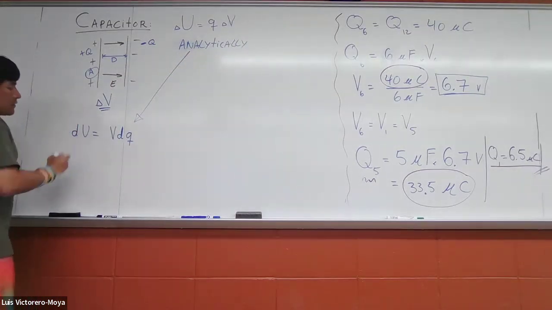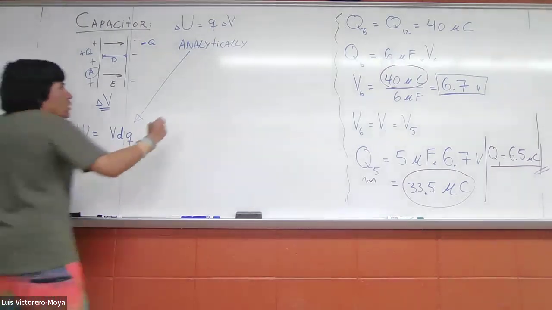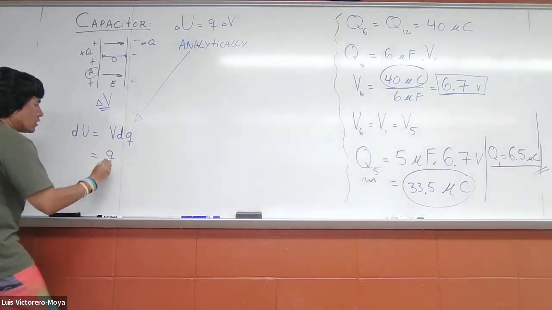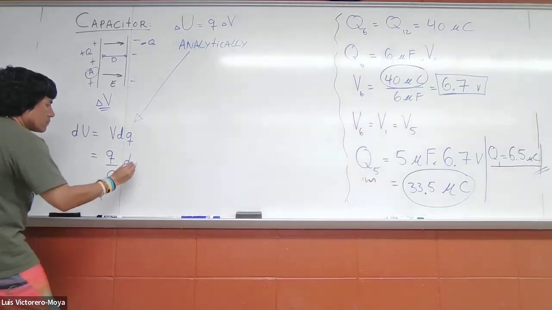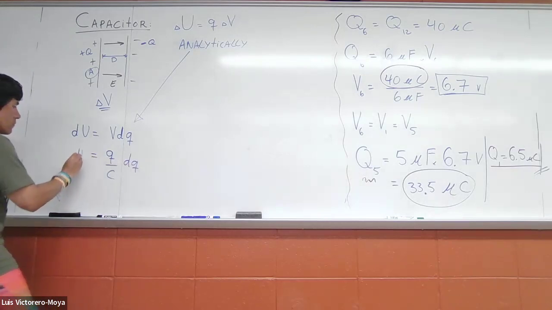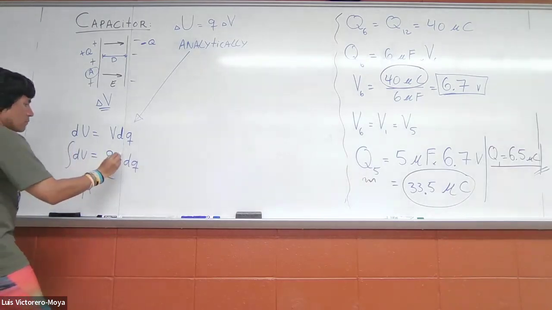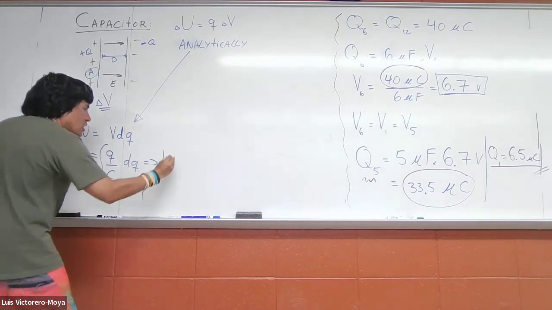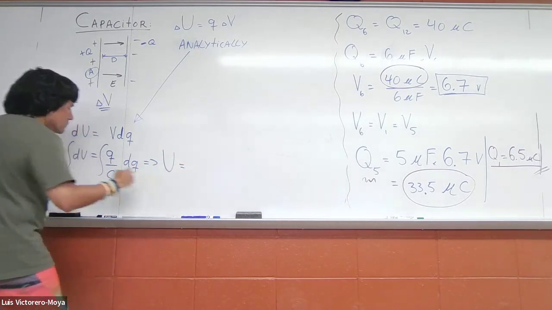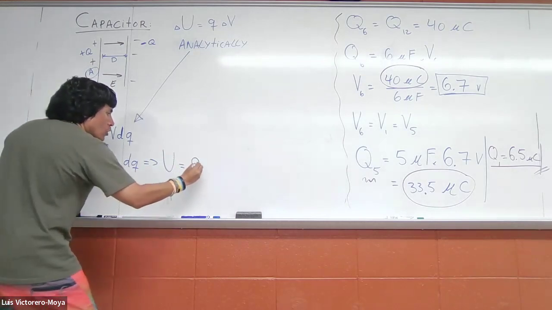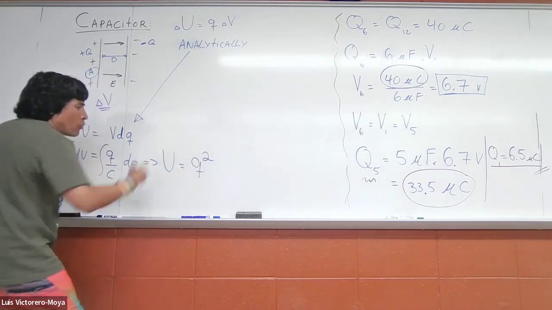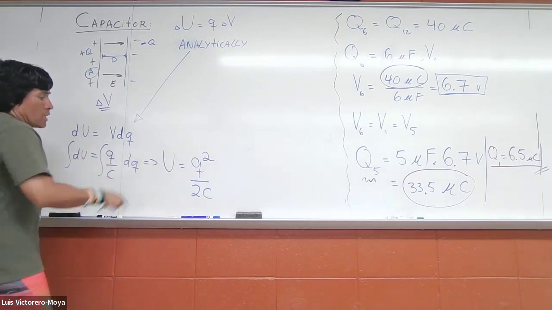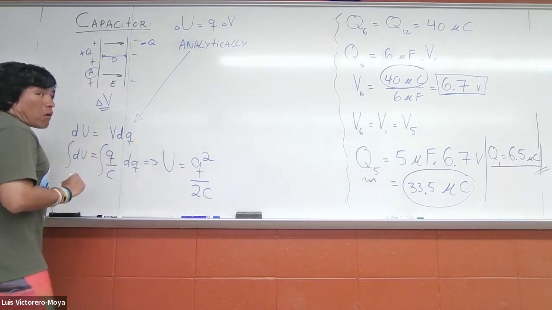These are differentials, yes. And we know from what we did before that V is equal to Q divided by C. So if I do this, I get that the energy in a capacitor is equal to the square of Q divided by 2C. That's the way you prove it. So that's the equation for the energy of a capacitor.